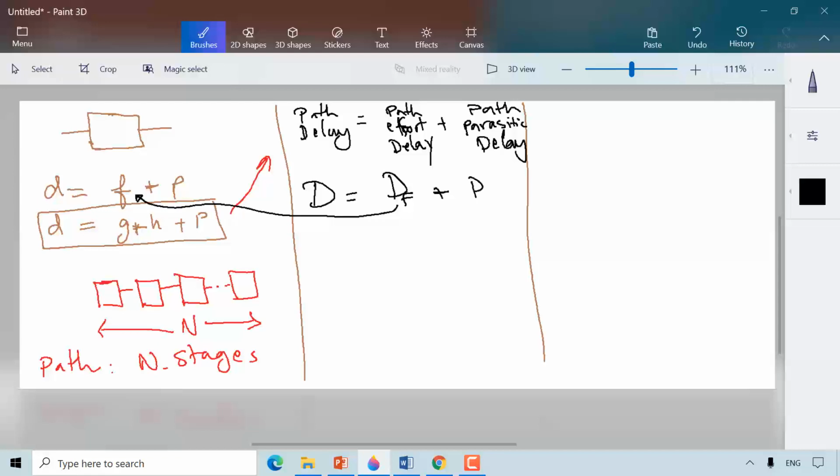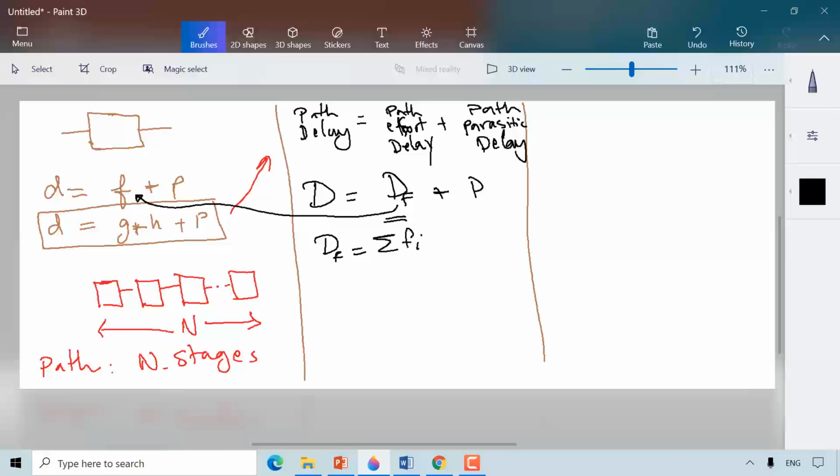Now this is the path effort delay. It is a summation of the effort delay for the stages.